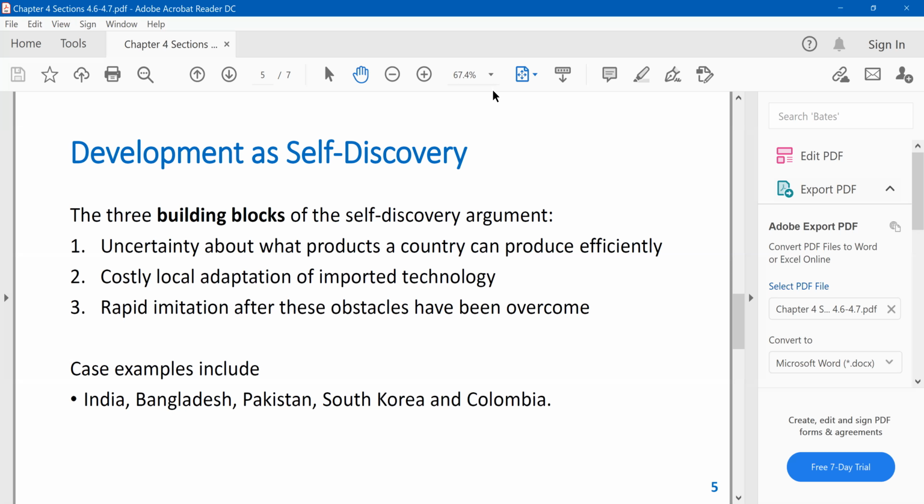There is a set of goods that they can produce efficiently. Then they think about, okay, maybe I can do even better if I import foreign technologies to produce these goods.